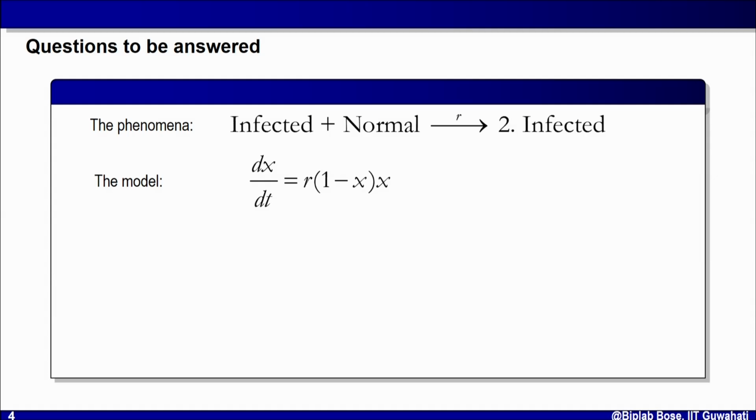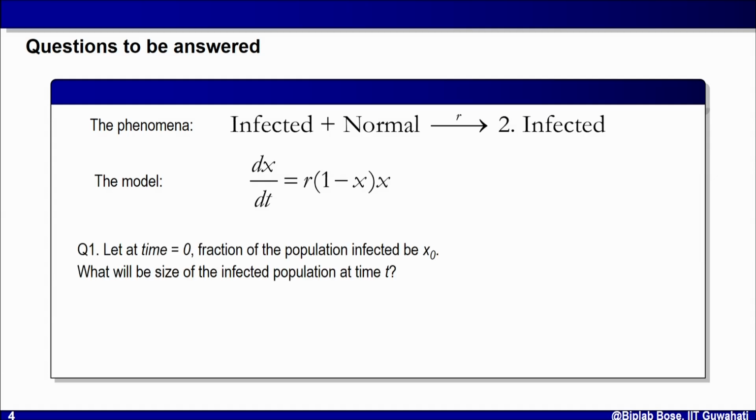So what are the questions that I can ask here? I can ask two types of questions. For example, right now, we have 2% of the population infected with common cold. And I know the rate constant for spread of the infection, that may be 0.5 per day.